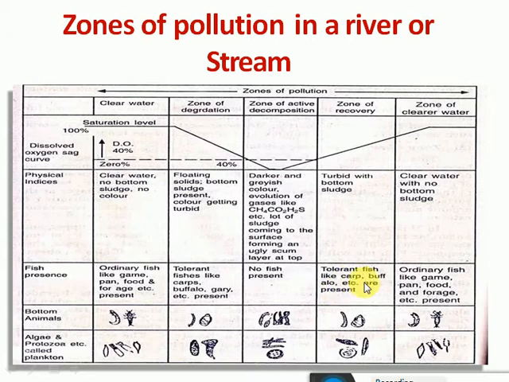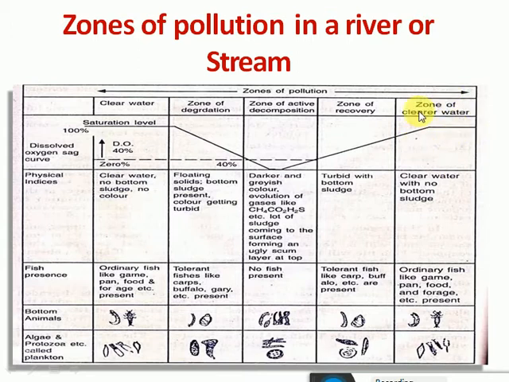The tolerant fishes like carp, buffalo, etc., which were present before you discharged the sewage, start to flourish again in this zone, because atmospheric oxygen will be supplied, and after a period of time, the dissolved oxygen level will reach its saturation point.